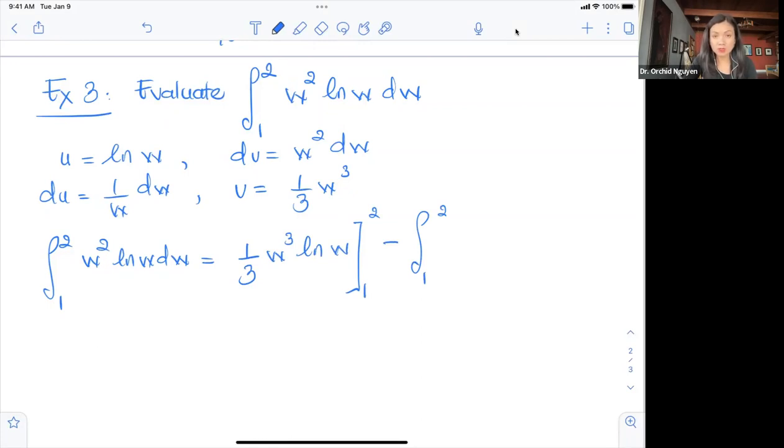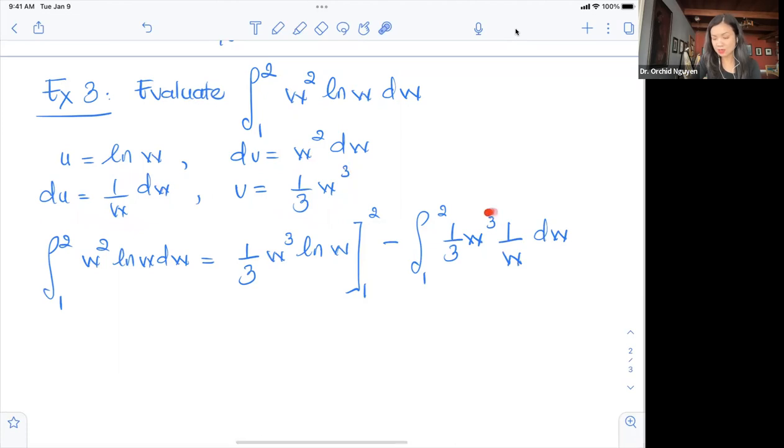So it's going to be 1/3 w cubed times 1 over w dw. So I have v du.